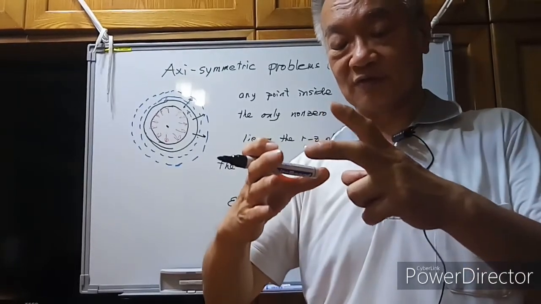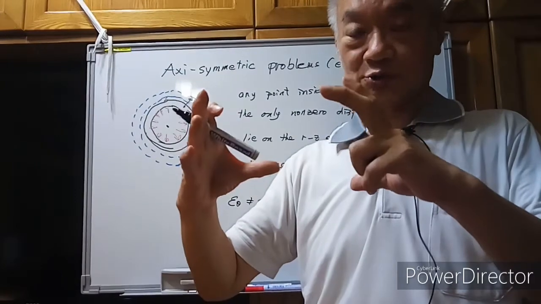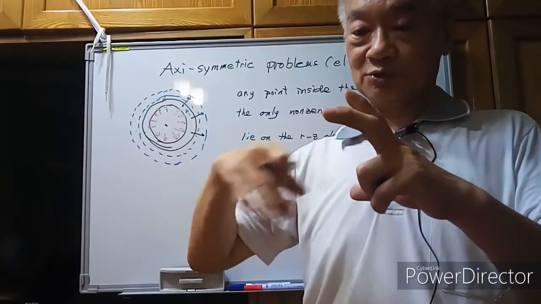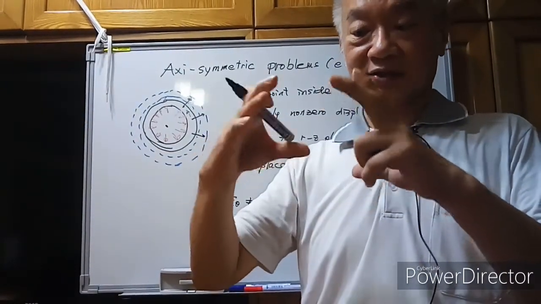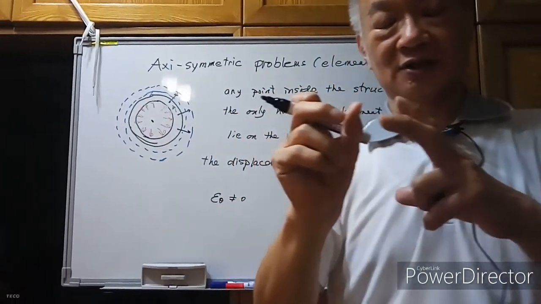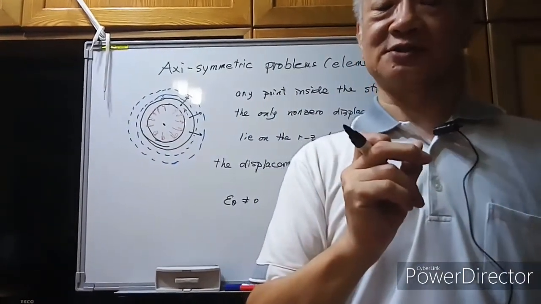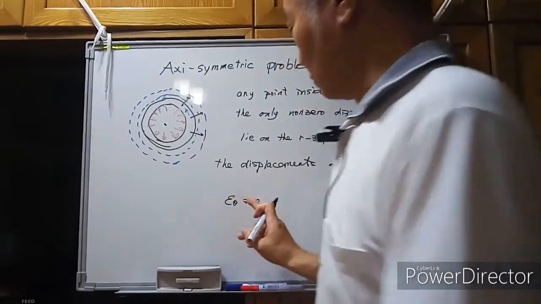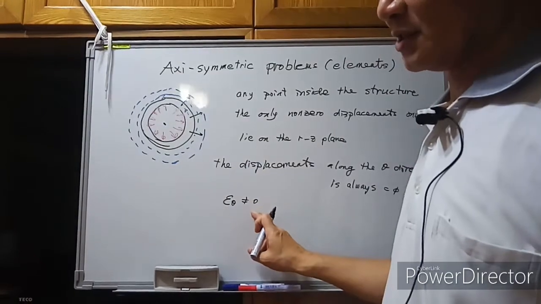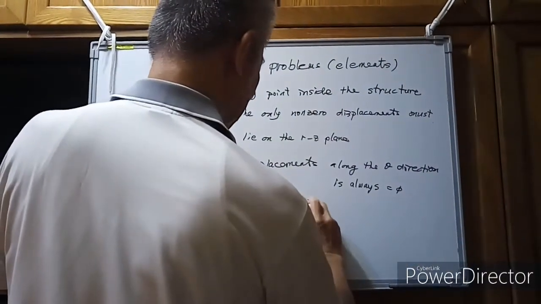But if we expand the small circle to a much larger circle, then you can expect there is stress along the theta direction. It should be a tensile stress. So not only is the epsilon theta not equal to 0, the sigma theta is also non-zero.